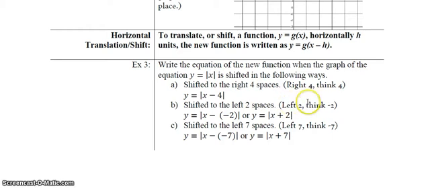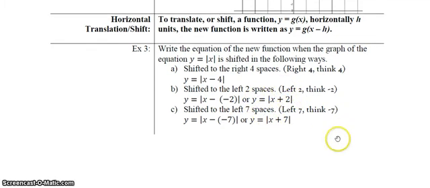What's 2 units to the left of 0? Negative 2, so x minus a negative 2. We know what minus a negative 2 happens to be: x plus 2 inside of that absolute value. Left 7 spaces, so what number? 7 spaces to the left of 0, that's right, negative 7. So the absolute value of x minus negative 7. We know what minus a negative again turns into this.